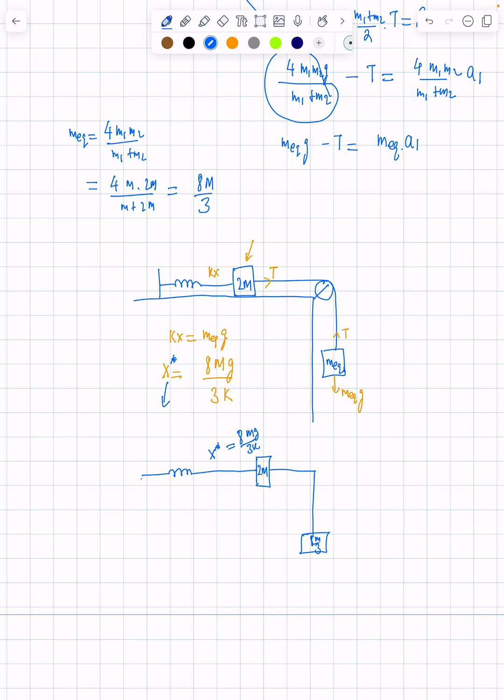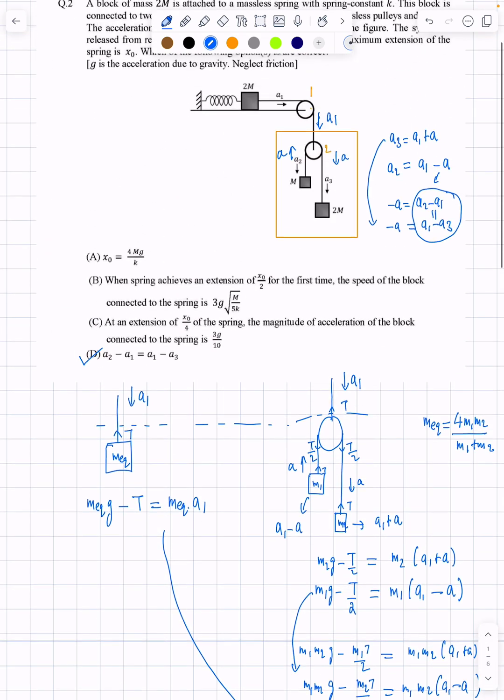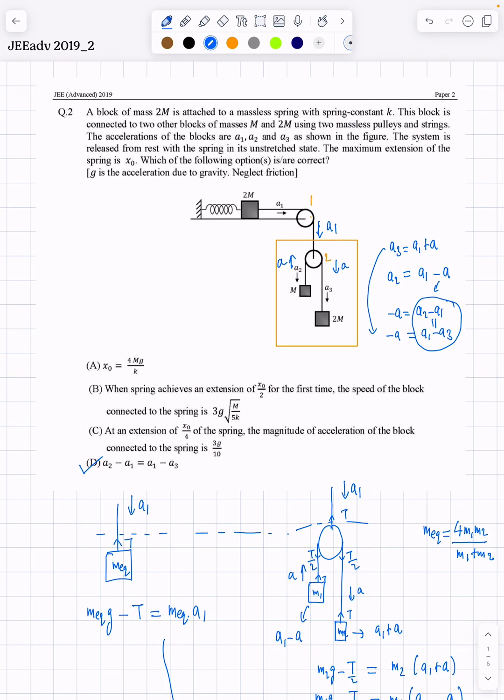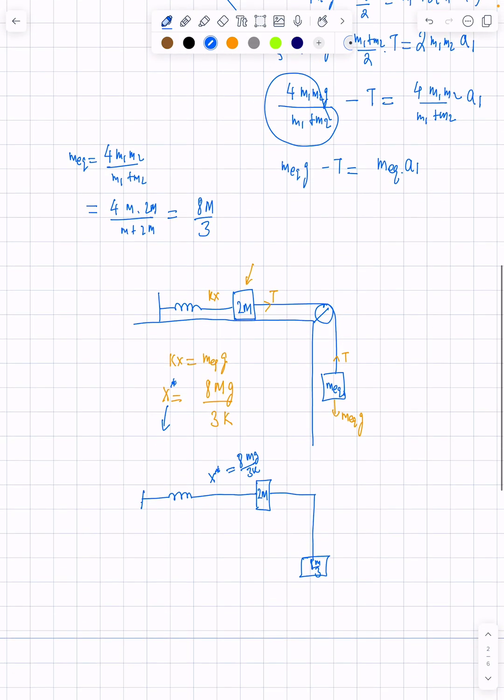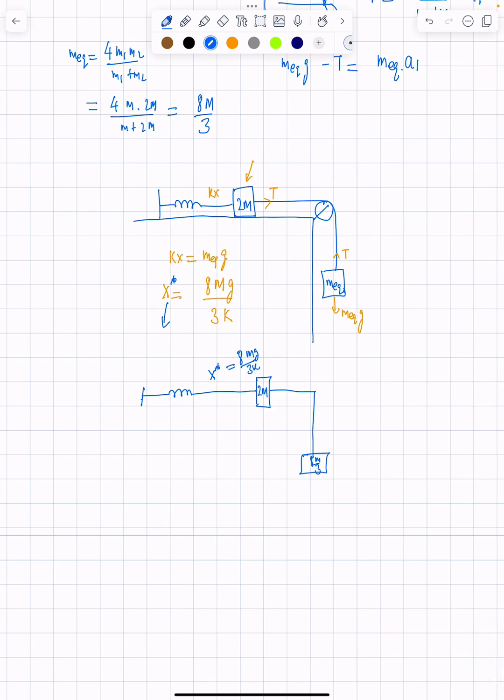For that we need to go back to this problem and see that the system is released from rest with the spring in the unstretched state. So if you come back, the original position was x equal to 0. So this is our equilibrium position x star, and initially the spring was at natural length, so x was 0.